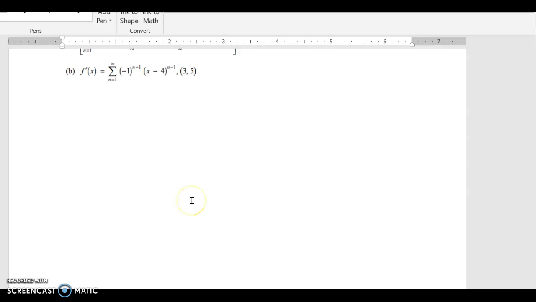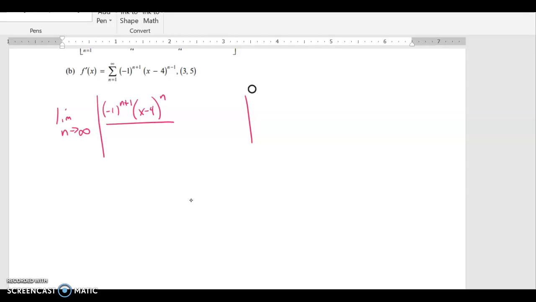Let's see if we can get that. All right, let's do it again. We can always use practice with the ratio test for convergence. So let's do it. So the limit, I want to know when this thing converges. Let's see if they're right. N goes to infinity, ratio test. The next term, negative 1 to the n plus 2, x minus 4 to the n, and then I'm going to divide by this term, right?